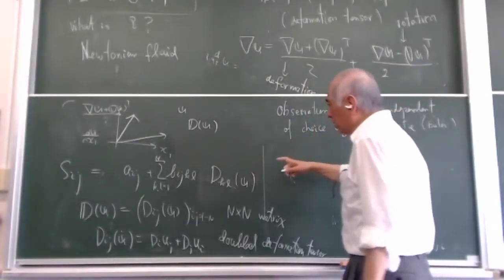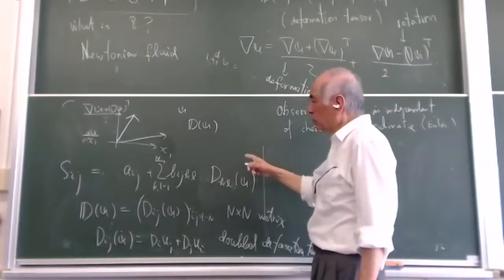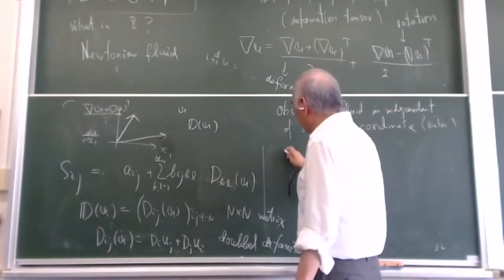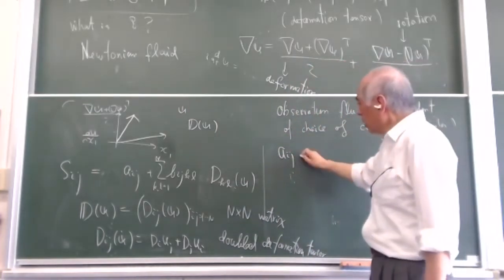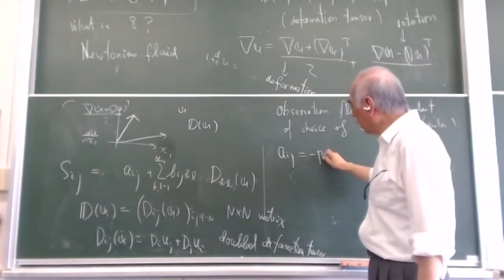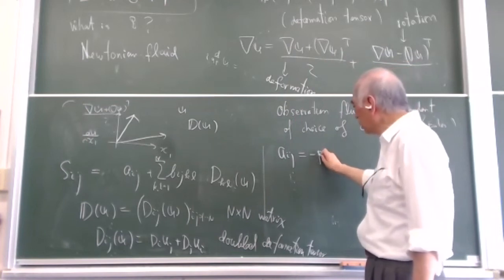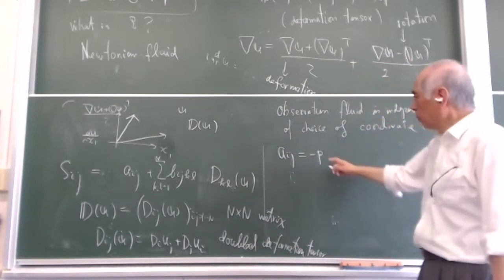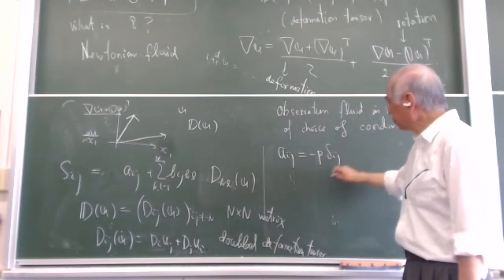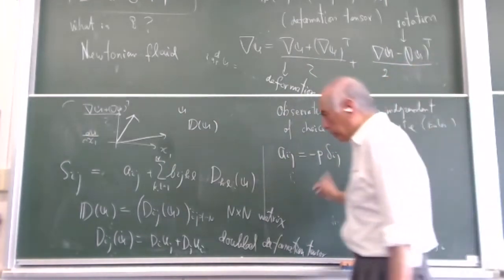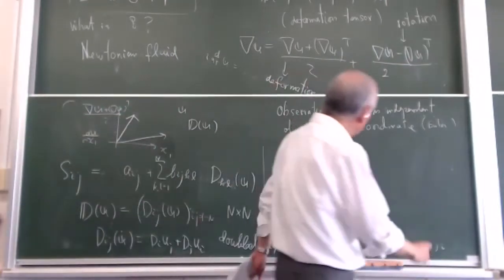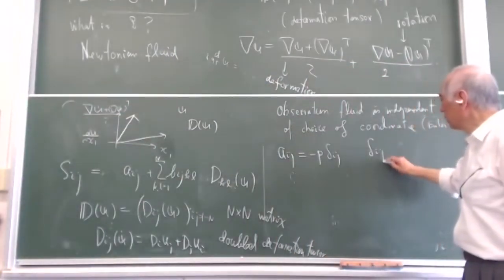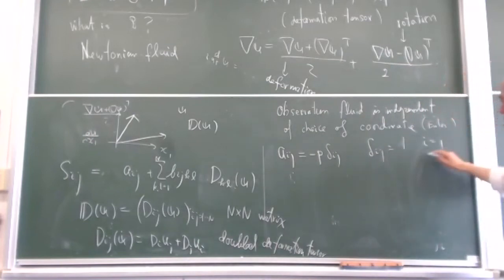Under this assumption, Aij should be a scalar, maybe some constant, some scalar times delta ij, where delta ij is the Kronecker symbol.